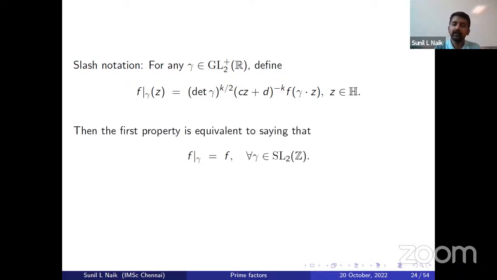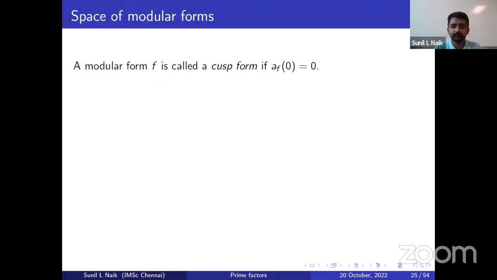With this notation, the first property of a modular form is equivalent to saying that f slash gamma is equal to f for every gamma in SL2(Z). A modular form f is called a cusp form if f of infinity is equal to 0. For simplicity, let us denote SL2(Z) by Gamma.